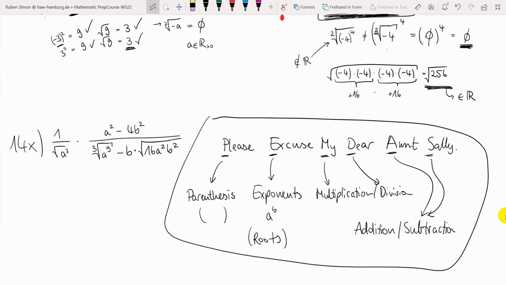If we deal with only exponentiations or only roots, we would have to transform every root into an exponentiation, for example. That's a good idea. So how can we do this? The first fraction will then be 1 divided by a to the power of 3/2, times, so this will remain a squared minus 4b squared. And what happens in the denominator?